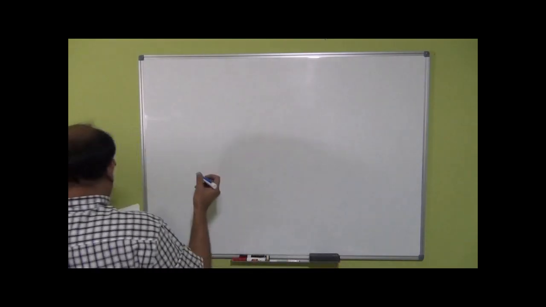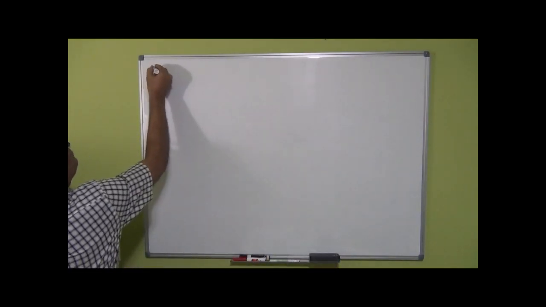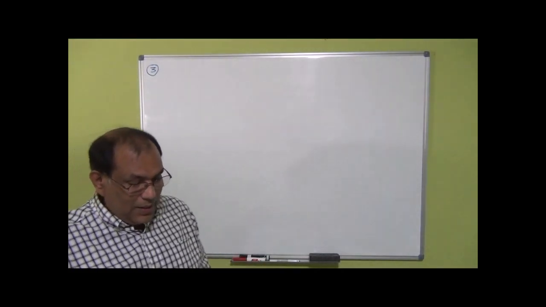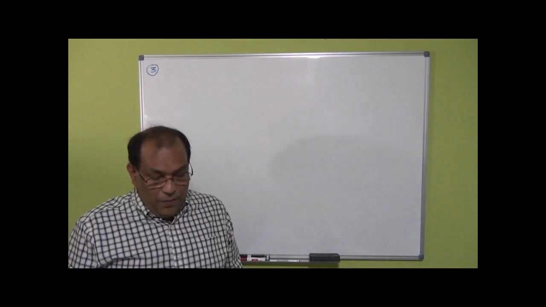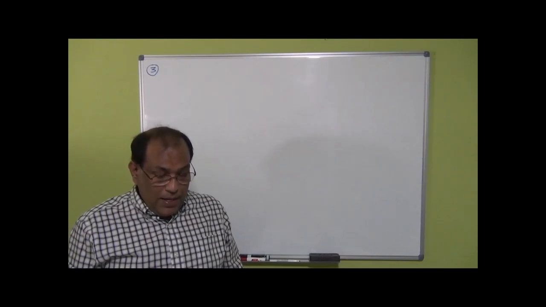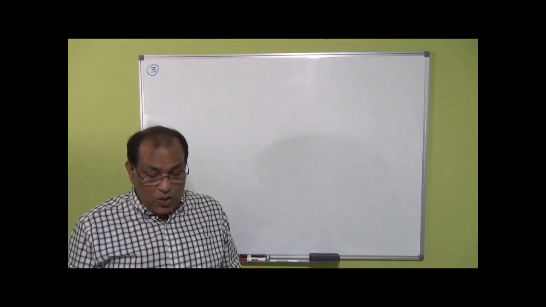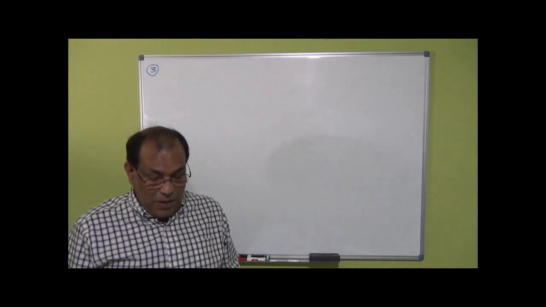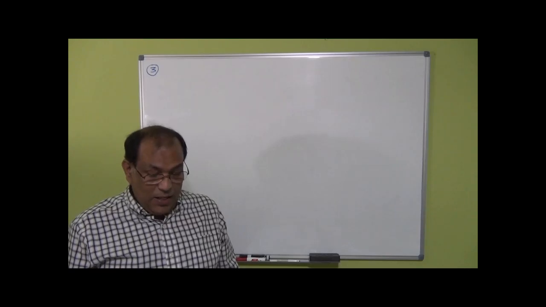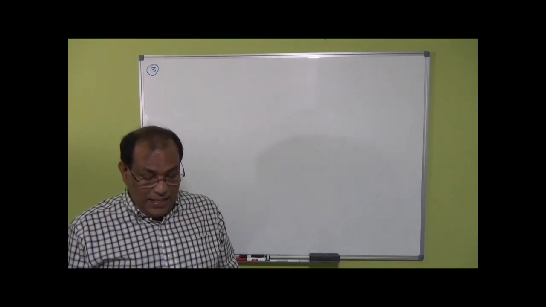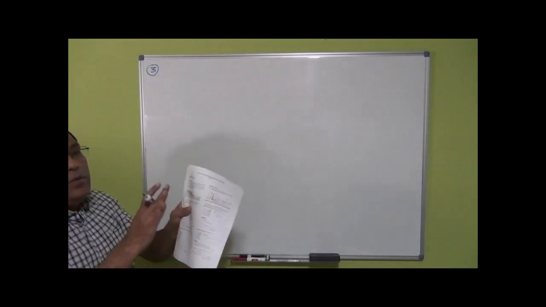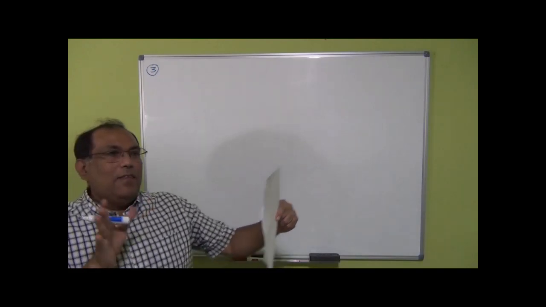So first of all, problem 3 is also a flow net problem, saying that the flow net around a single row of sheet pile in a permeable soil is shown below. If the total rate of seepage through the soil per unit length of the sheet pile is 1.58 feet cube per minute, the hydraulic conductivity of the soil is, so it's just for one unit length of the sheet pile.